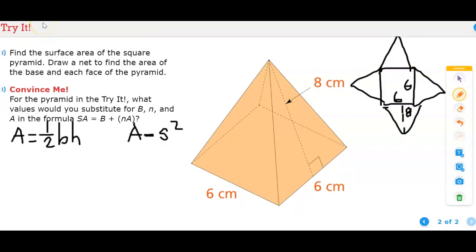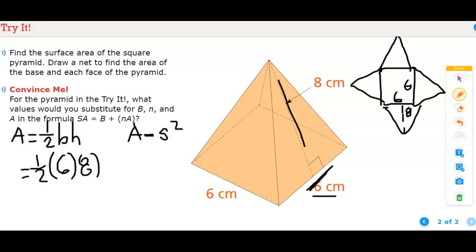I have written down the formula for a triangle, which is the area is equal to half times base times height. So for the triangle, we know that the base of the triangle is 6. We know the height of the triangle is 8. And then we have to multiply 1/2 times 6 times 8.